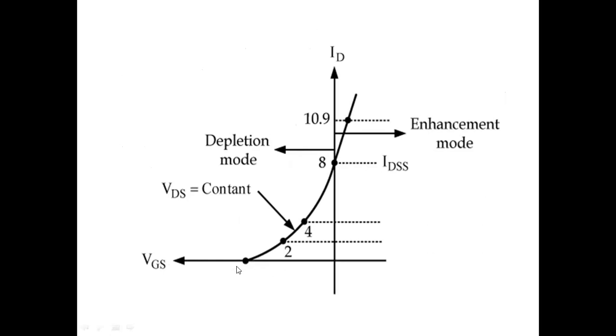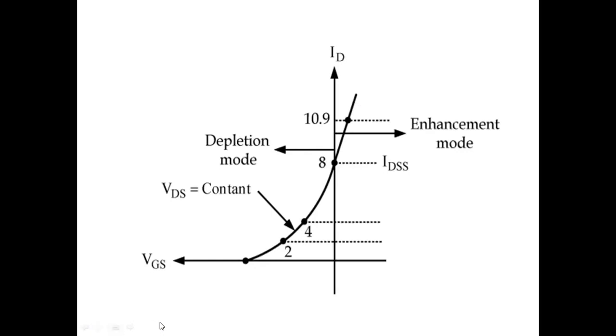That means negative values, 0, and positive values. Up to 0 it is depletion mode, operated in the depletion mode, and 0 to positive voltages is enhancement mode operation. The graph between ID versus VGS is known as the transfer characteristics.